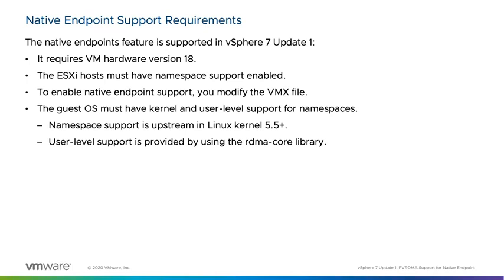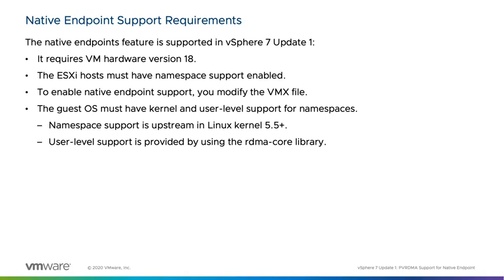To enable native endpoint support for a PVRDMA capable virtual machine, the virtual machine's VMX file must be manually modified. Once you add a PVRDMA device to the VM's virtual hardware, you should see a line in the VMX file with ethernet and a number.virtualDev equals pvrdma.